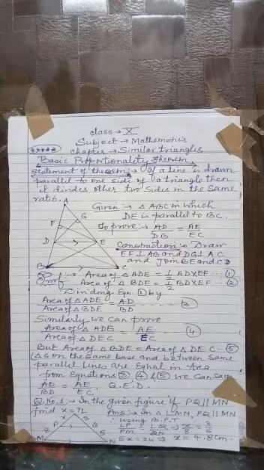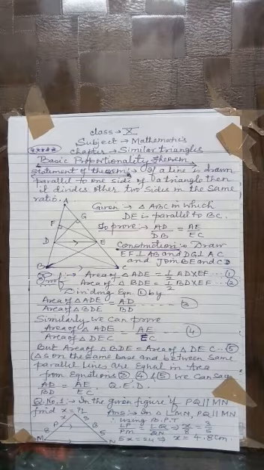Then area of triangle BDE is also half base into height, that is half BD into EF. As you see in the figure, for triangle BDE, half base into height, the altitude will remain the same as EF because D lies on AB.